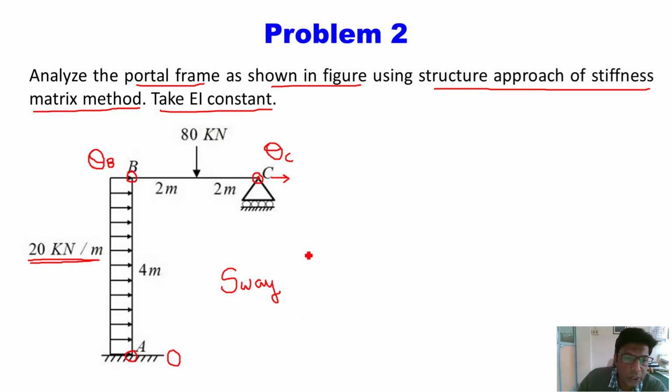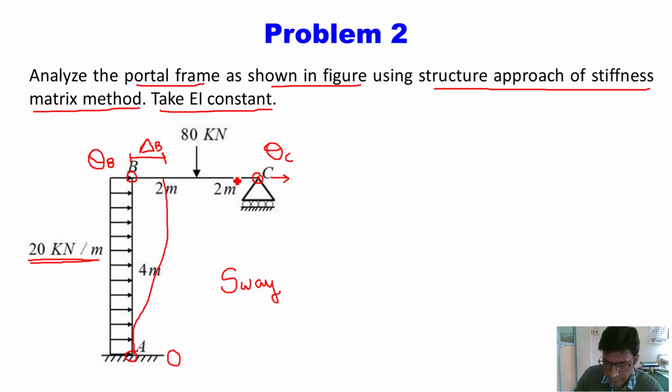So this frame is sway, and therefore the lateral sway will come in picture. So third kinematic unknown is delta, which is lateral displacement of point B. So third unknown is delta B.